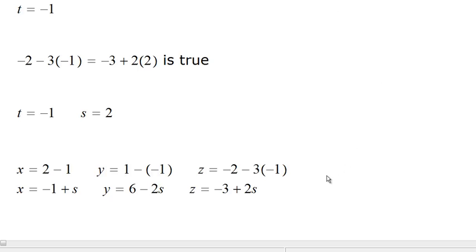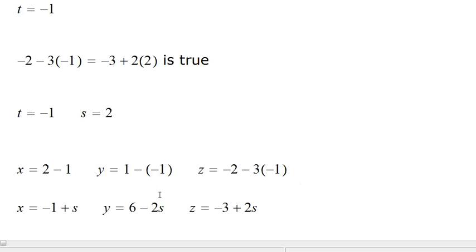So this corresponds to which point? 1, 2, 1, right? x is 1, y is 2, and z is 1. And if we put s equals 2 in here, you can see we will get the same point here again.